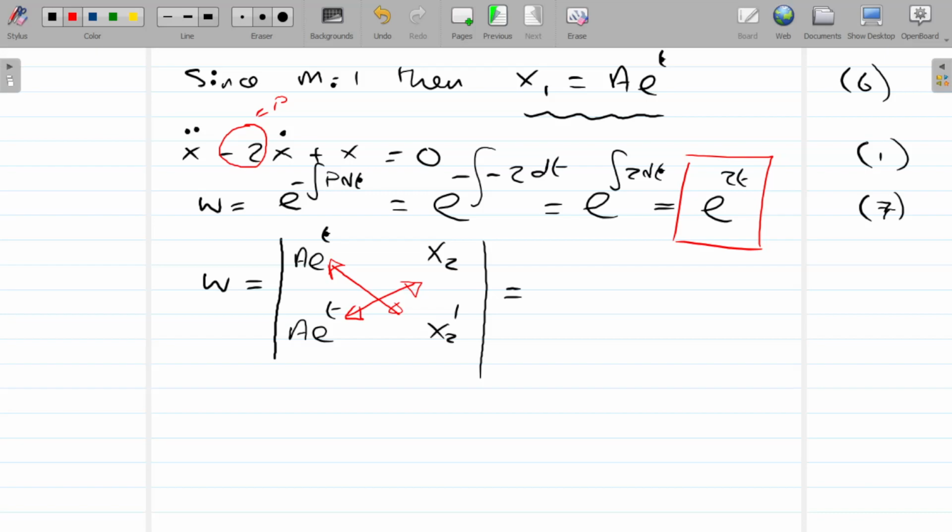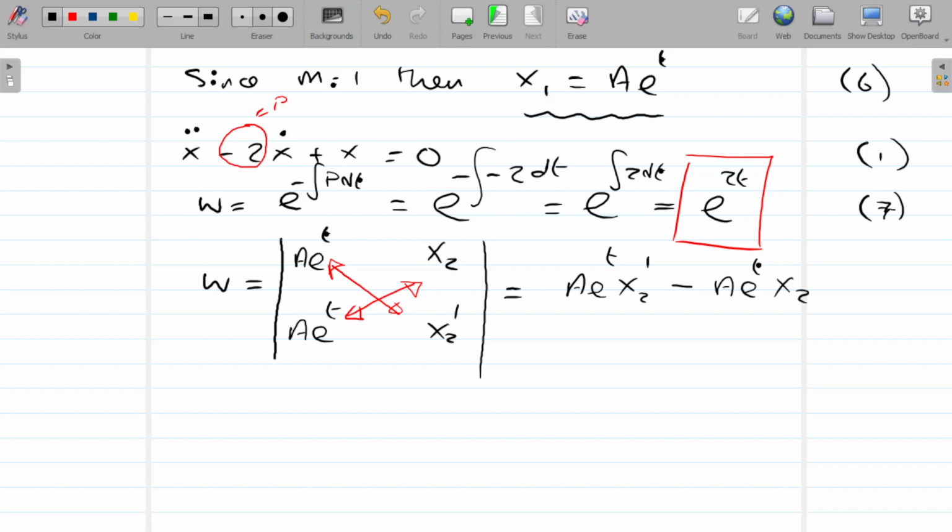So what you get is a e to the t x2 prime minus a e to the t x2, and that is basically the determinant.